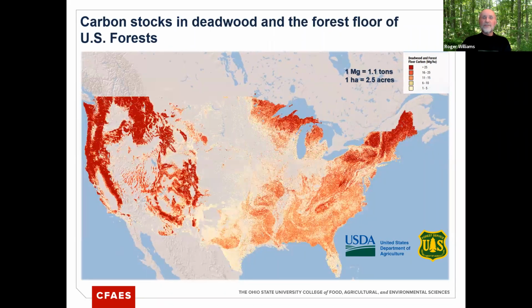And when we think about the deadwood component of forests, until deadwood has totally decayed to, in essence, nothing, it still contains carbon. Now, granted, as it decays and the cell walls break down, it's releasing carbon. But until that happens, that carbon is still stored in that deadwood material.